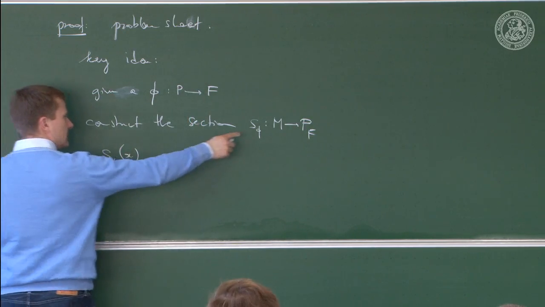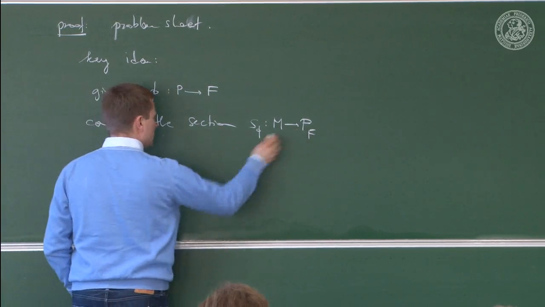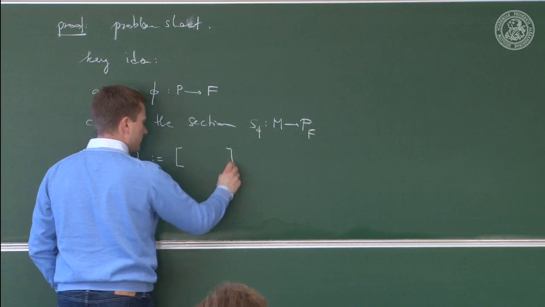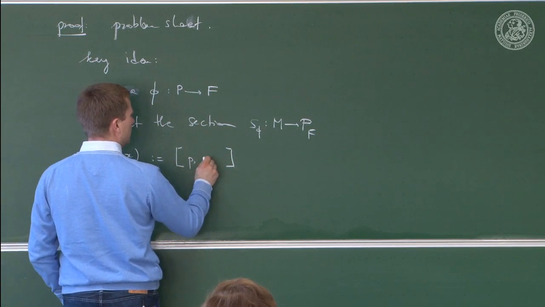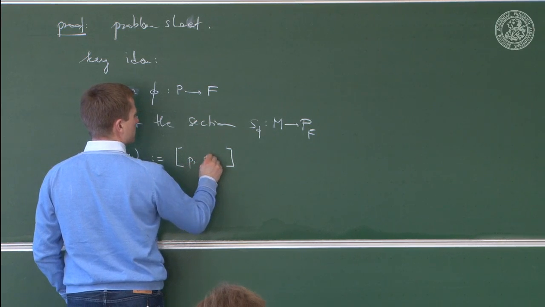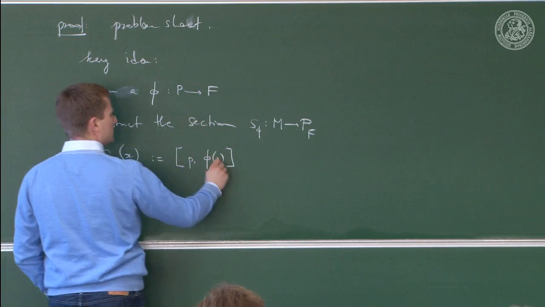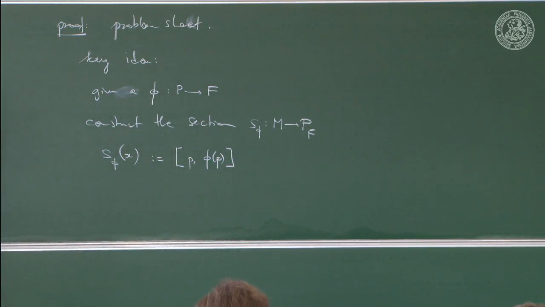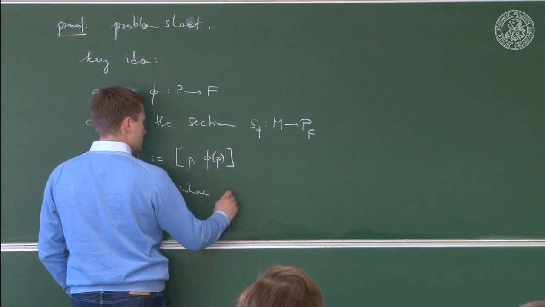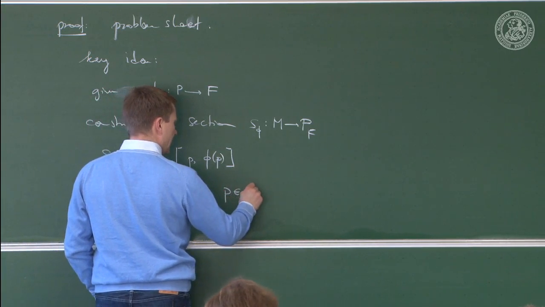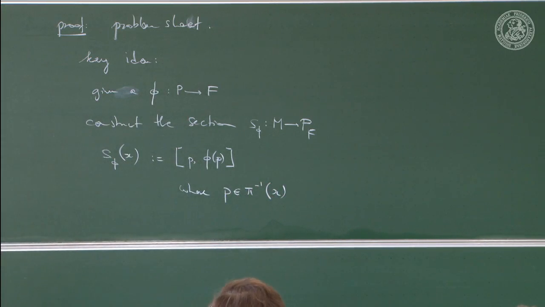At a point x in M, define it as follows: we need a point in P_F, and that will consist of P and phi of P, because phi yields an element in the fiber, where P is any element in pi inverse of x.